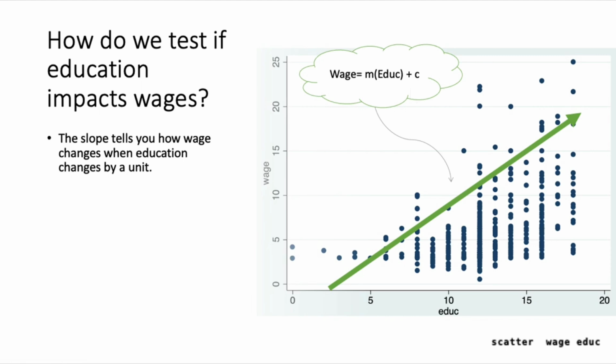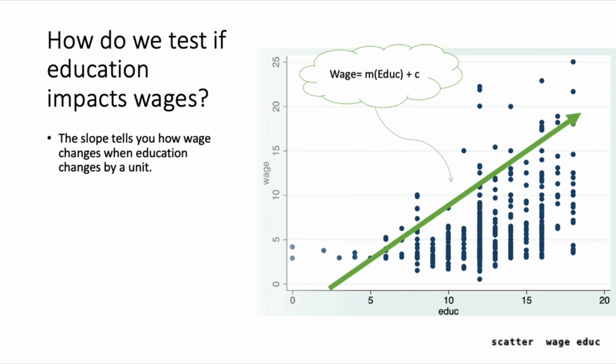And based on this red line that I've made, the m would be a positive number, and whatever the value of m is basically implies that as education increases by 1 year, wages would go up by the value of m, which is the slope over here.